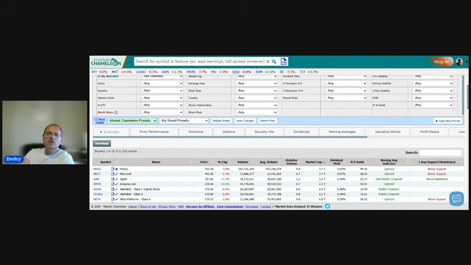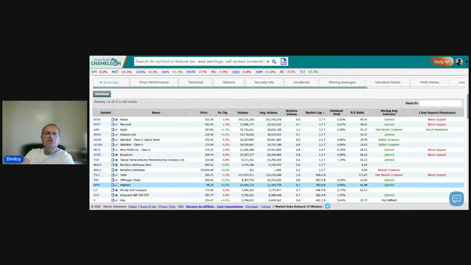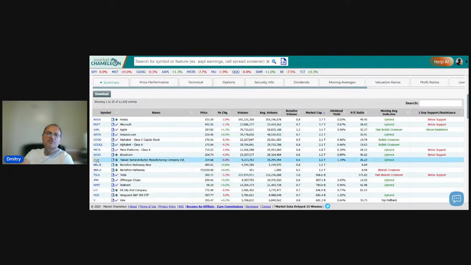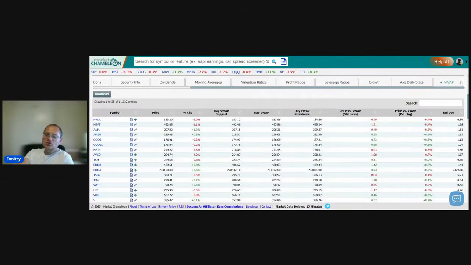Up top we have filters, and below we have a data table with different statistics, analytics, and metrics for the stock symbols to the left. We're going to switch these tabs, scroll all the way over, and hit this last one, VWAP. Once we click on that, we get these different metrics for the symbols that you see.